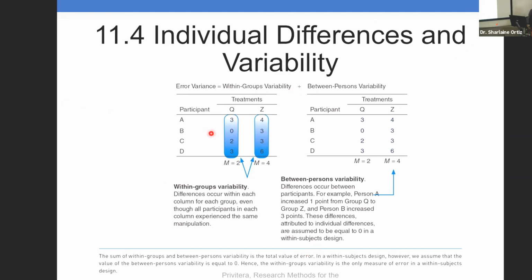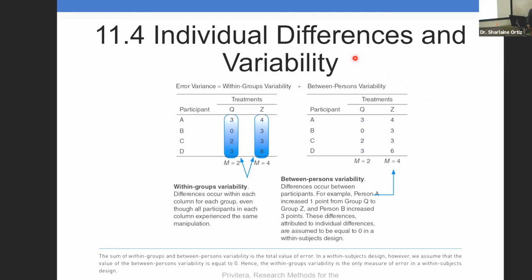The participants here did experience that manipulation when it came to treatment Q and treatment C. But when we're looking at those differences, they were different. So for example, here we have a score of 2, and here we have a score of 4, even though they experienced the same exact manipulation, because we have different groups.